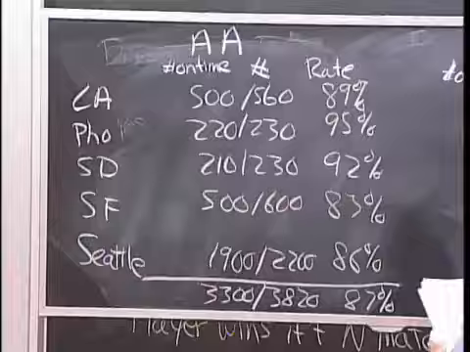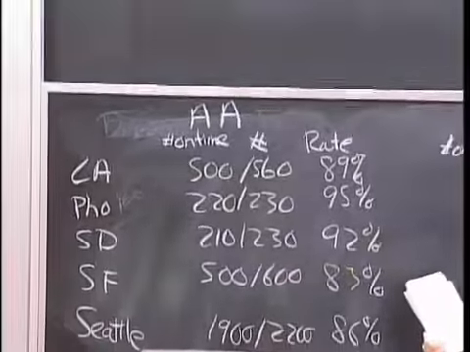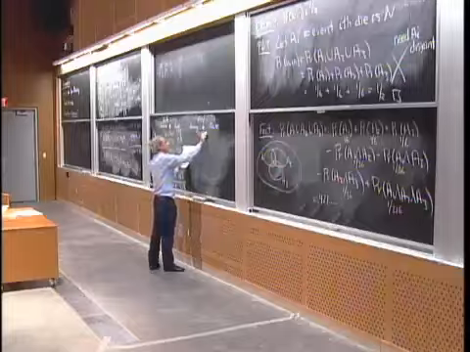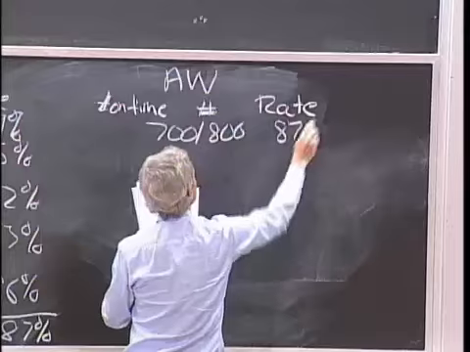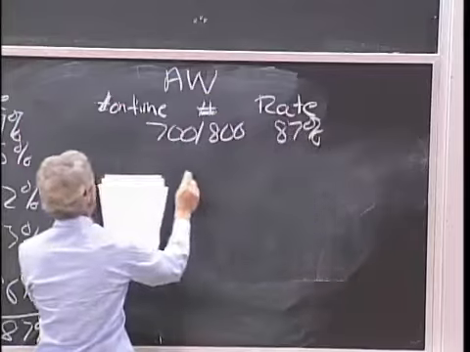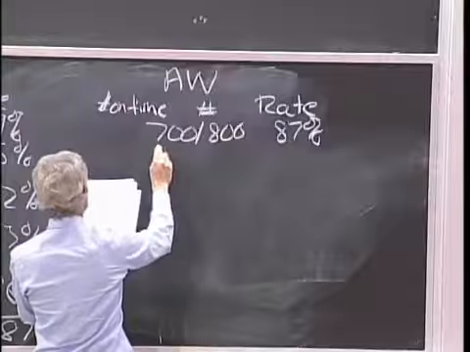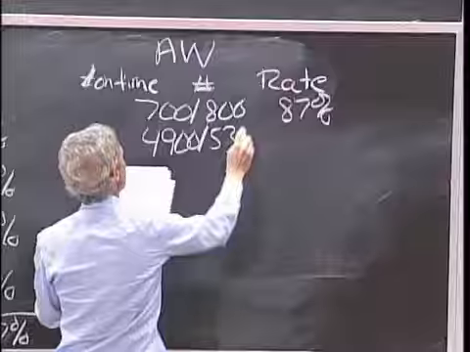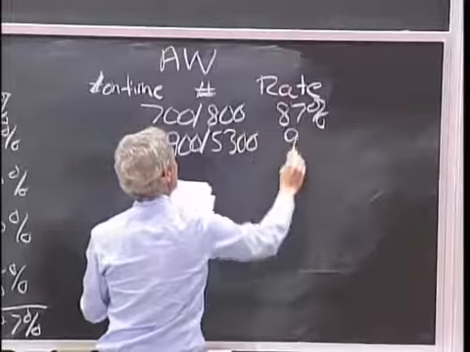Now the data for America West looks something like the following. In LA, it's 700 out of 800 for 87%. They're based in Phoenix. They got a zillion flights there, 4,900 out of 5,300 for 92%.